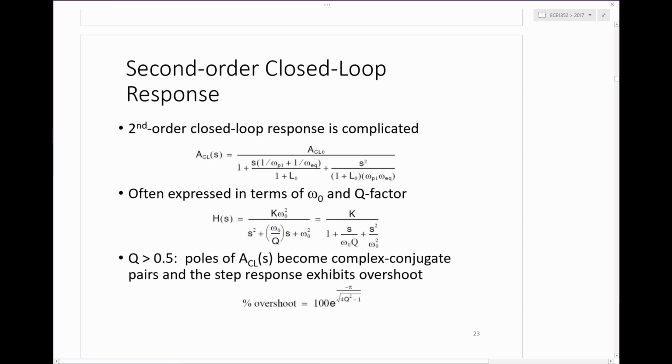Even with only real valued poles in L, it's possible to get complex valued poles in the closed loop response. That can be fine, except that if you have complex poles that are close to the j omega axis, you start getting some weird behavior. The closed loop response will have peaking, as we've already seen.